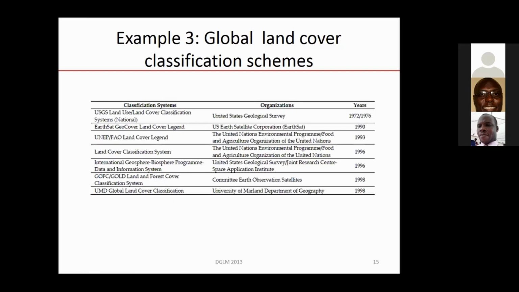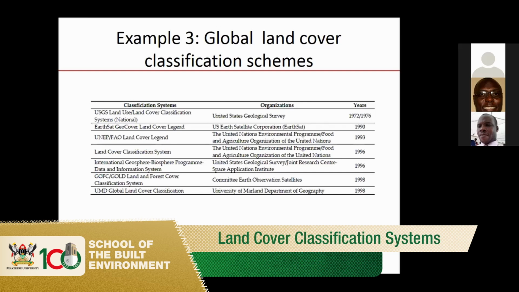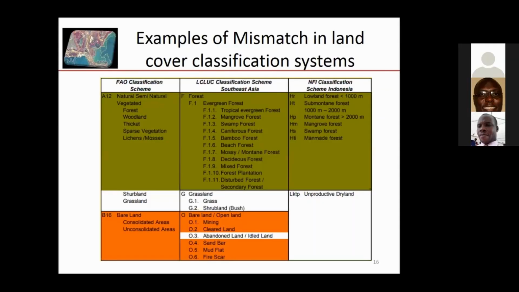So don't wake up one day and say, I think these guys did the land cover classification and maybe it doesn't look like mine, yet you've used another classification system. It's not easy to compare two images classified at the same time using different classification systems. Sometimes you realize that because land covers are classified differently in different systems, some kinds of mismatches are introduced.